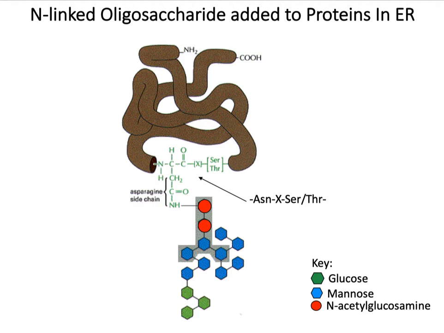A lot of progress was made in understanding this process when it was discovered that sugars, or saccharides, are added to these secretory proteins in large groups. So there's a large preformed oligosaccharide complex, and it is transferred en masse to the secretory proteins. One of the places you will find these oligosaccharide modifications on secretory proteins is on asparagine residues.